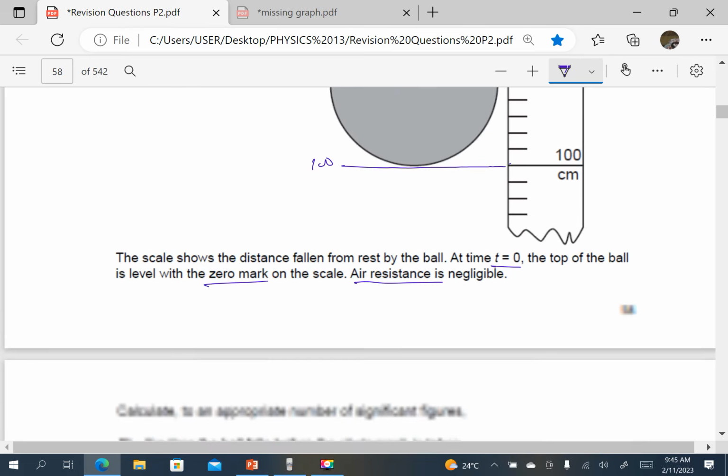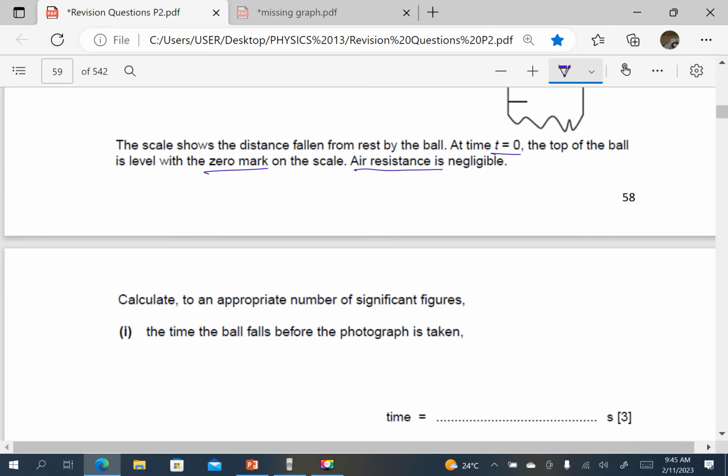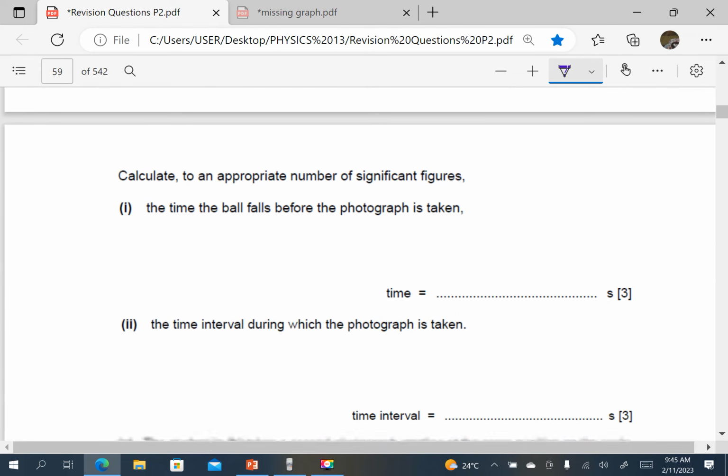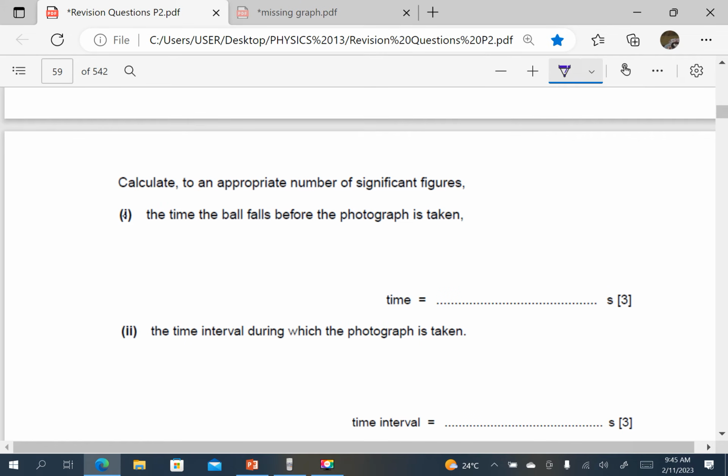So remember, at t equals 0, the ball was at the 0 mark. It means the photograph is taken when it is at 79 centimeters. So using the equation above, s is equal to ut plus a half at squared, which gave us a half at squared alone. 79 centimeters, that is 0.79.